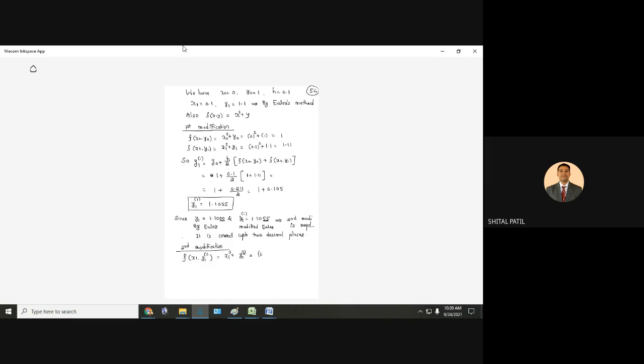So 0.1 square, and what is the first modification? 1.1055. See how much this comes to. 1.1155, something like this comes, check. 1.1155. Yes, everyone. Okay, great. Next.